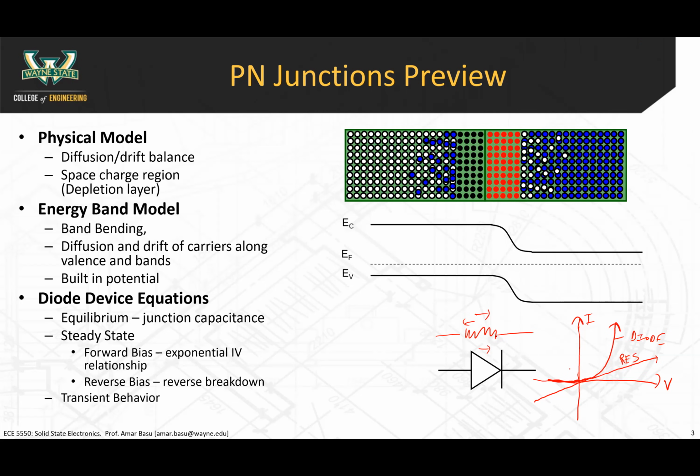Solar panels, exactly. If we didn't have diodes, we would not have solar power. We would not have solar panels. A photodiode is the basis of a solar panel. Thank you, Janan. There's a few other ones that I think are worth mentioning, just to make sure we're all on the same page and appreciate the importance of the diode.